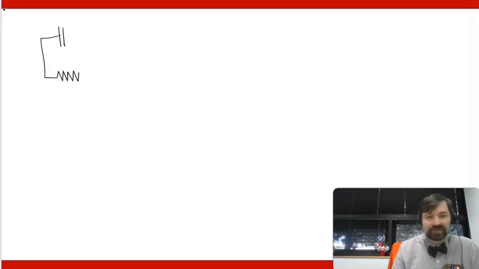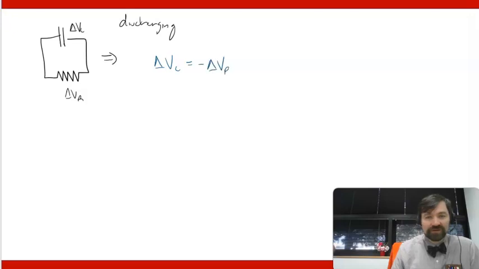Well, the circuit for discharging, if you recall, basically has a capacitor and then a resistor in it, which are in series with each other. So I have a delta VC and I have a delta VR. And so this implies for discharging that delta VC is equal to negative of delta VR.